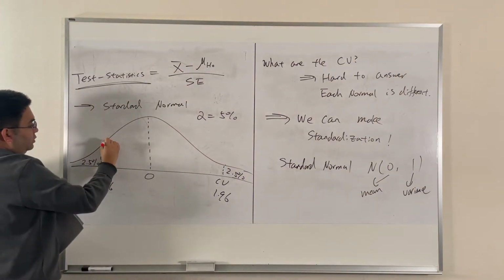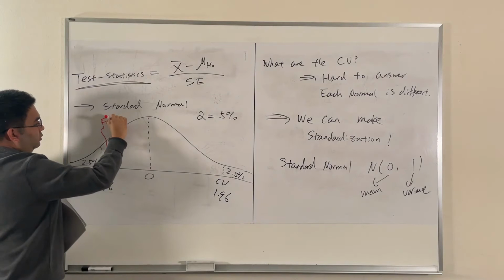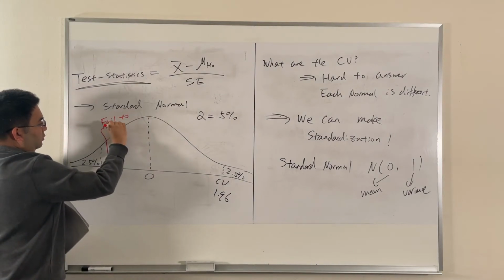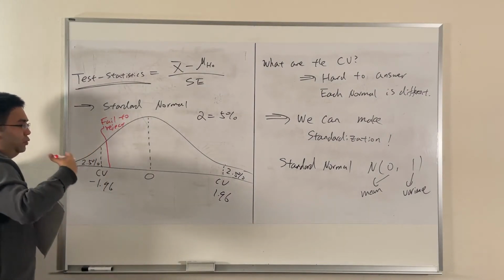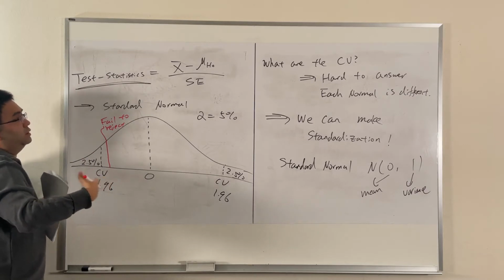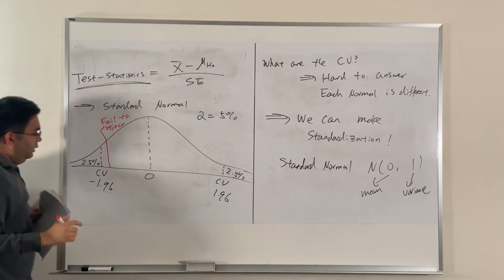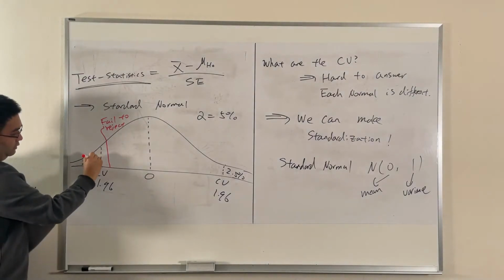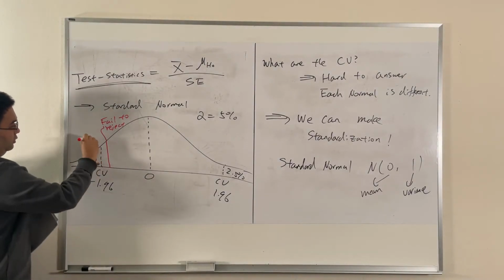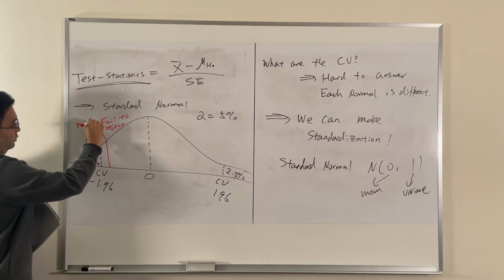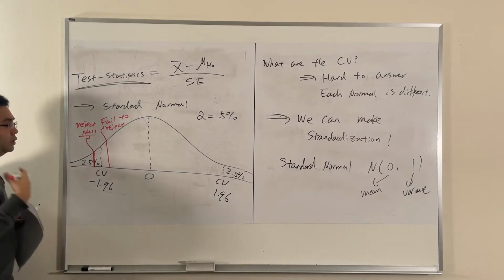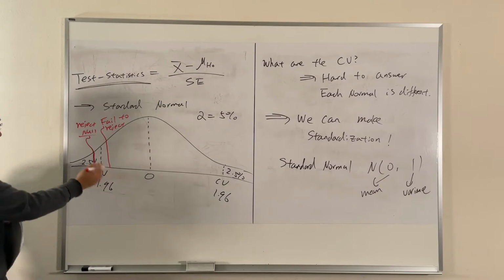Then in this case, you're going to fail to reject the null, because your sample mean is very close to the mean you're testing. But if it's farther away than the critical value, then you're going to reject the null. And the good thing about this is you know the critical value right away.